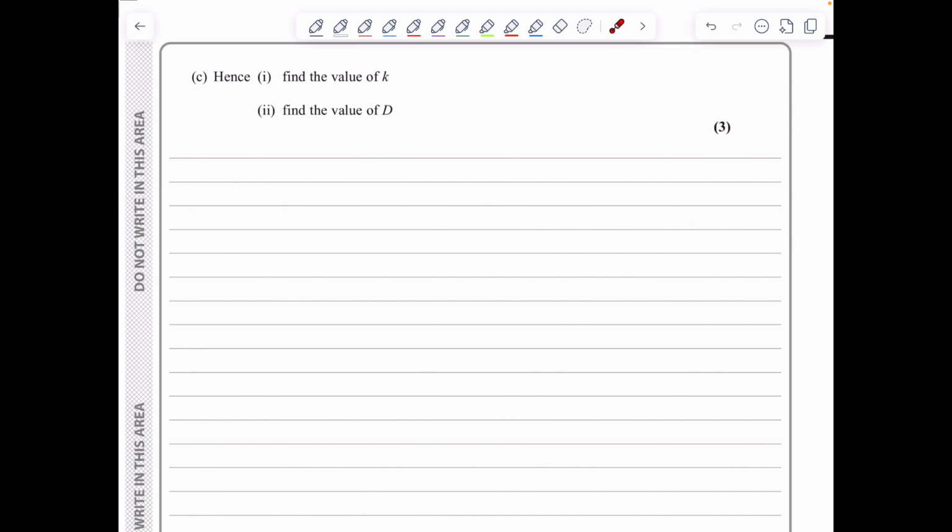In C, we are asked to find the value of k and the value of d. So for the value of k, I will be simply solving k² + 6k is equal to 0, which leads to k(k + 6) is equal to 0. So either k is 0 or k + 6 is equal to 0, which means that k is -6. Well, we have been told that k is a non-zero constant, so since k is not equal to 0, we conclude that k is -6.